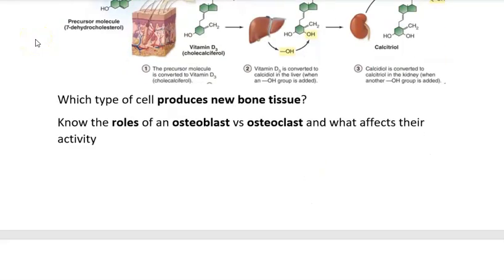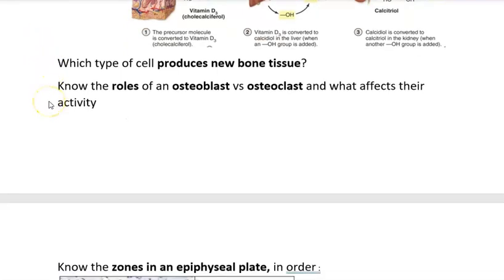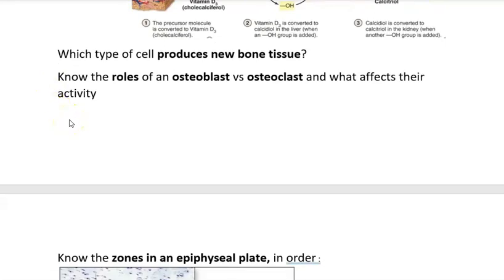Which type of cell produces new bone tissue? This should be pretty easy for you to remember. This is going to be the osteoblasts, and this is just kind of a simple definition question. Osteoblasts. You need to know the roles of an osteoblast and an osteoclast and what affects their activity.